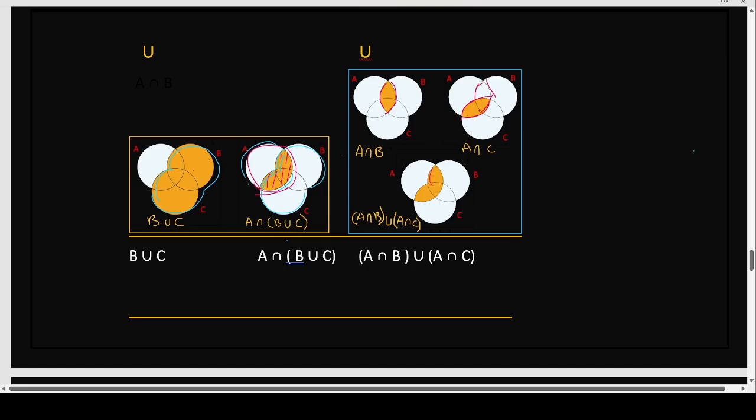That's what we are getting here. A intersection B union A intersection C is this portion. So this and this are the same. Yes. So that is how we can pictorially prove that A intersection B union C is equal to A intersection B union A intersection C.